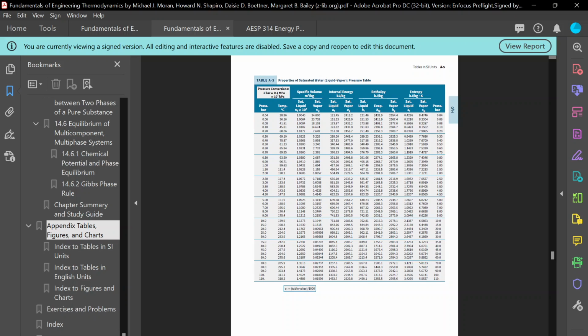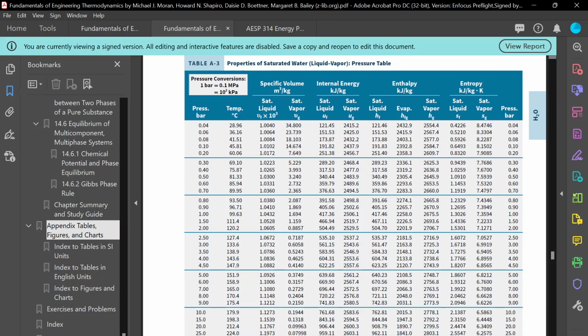So you have the numbers here, right? Which row are we looking at? How can we convert bars to pascals?